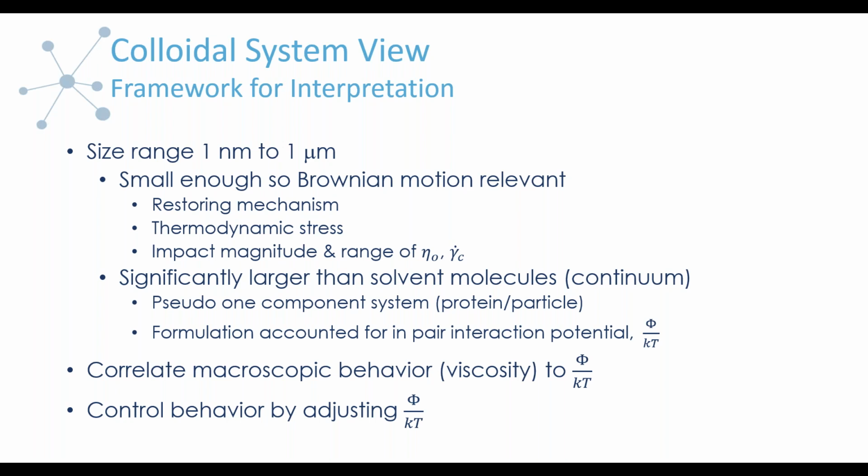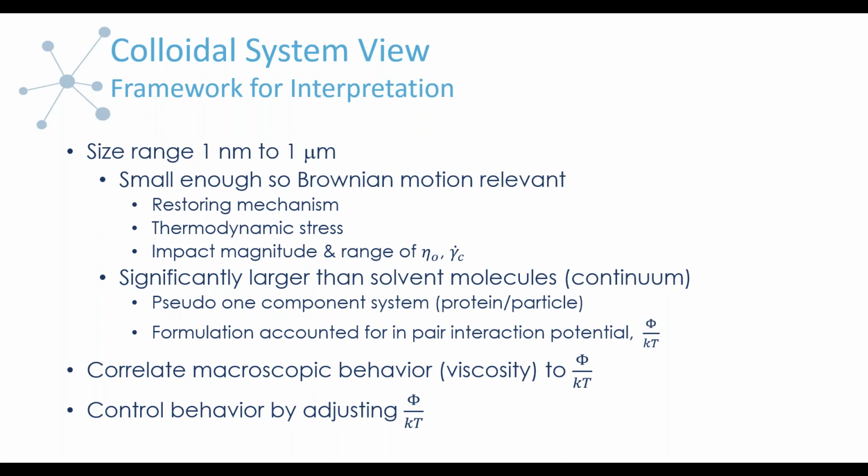So keep the Brownian motion in mind. We're going to come back to that when we analyze the data. And then the lower end of the size scale is to make sure that these proteins or particles, whatever you have, are significantly larger than solvent molecules and anything else that you put into the solvent, so that you can treat the solvent and its components as a continuum. In that way, when you view colloidal systems, you view them as what is referred to as a pseudo one component system.